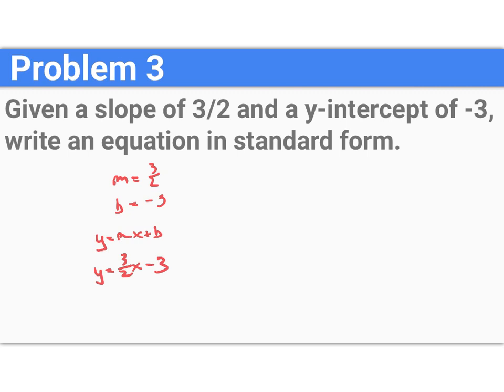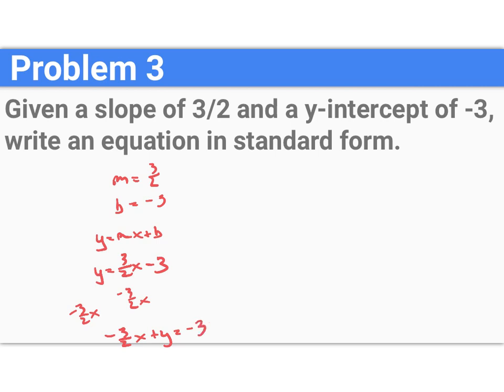Easy peasy, lemon squeezy. Now, convert this into standard form. So what you're going to do is subtract 3/2 x from both sides. -3/2 x plus y equals -3.